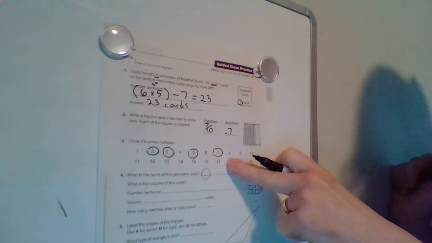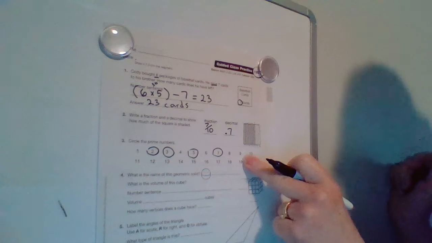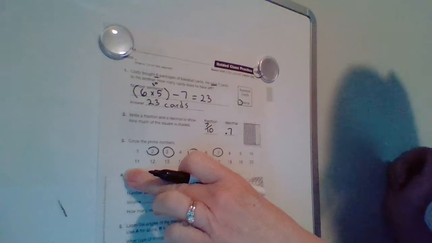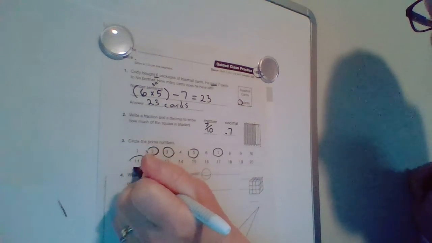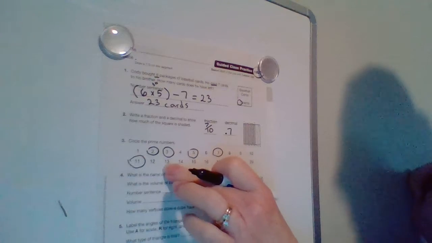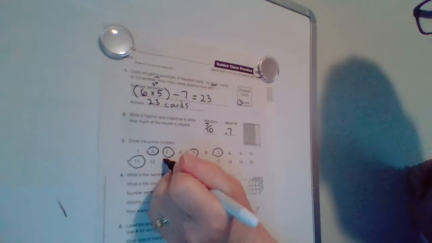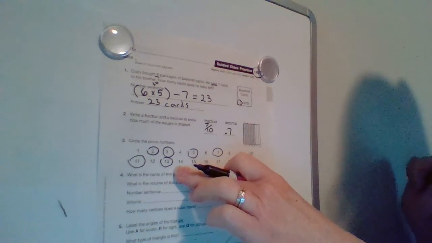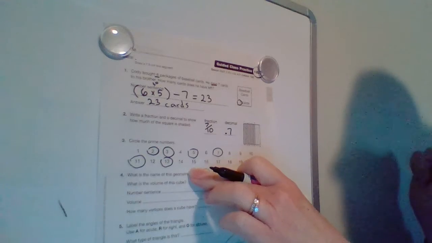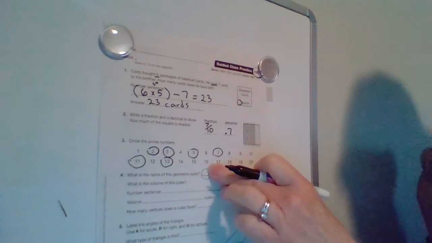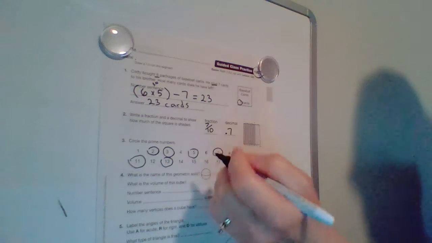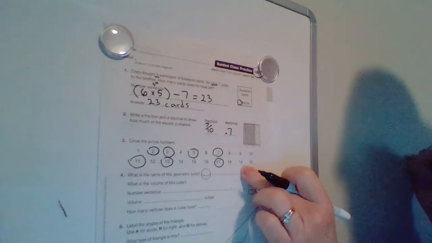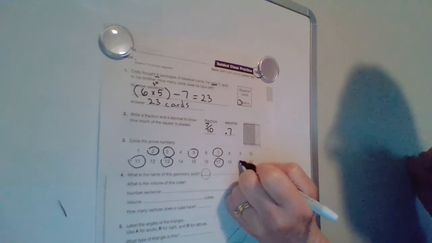8, no. 9, no, because 3 times 3 and 9 times 1. 10, 11, yep, because only 11 times 1. 12, that wouldn't be one. 13, absolutely. 14, no, because 7 times 2 is 14. 15, nope, 3 times 5, 5 times 3, 15 times 1. 16, 17 is a prime number. 18, 19. 19 times 1, that's all I can think of.